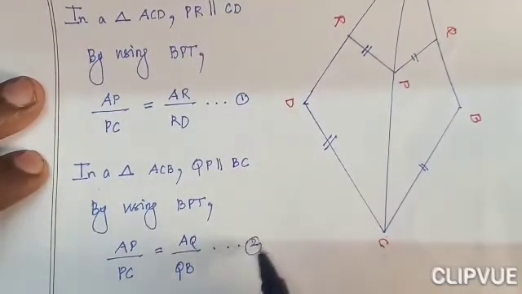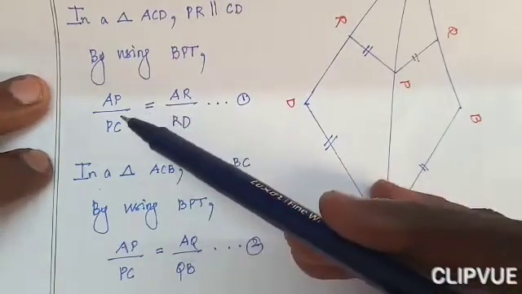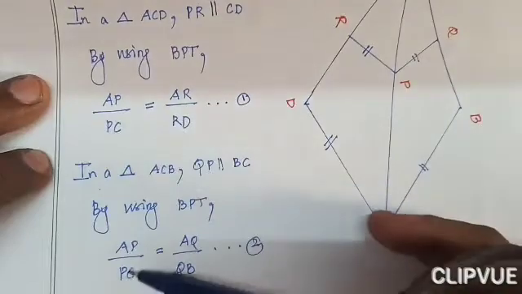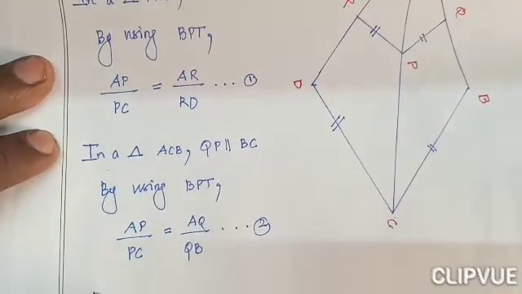Consider this as 2. From 1 and 2, both equations have equal left hand sides: AP by PC, here also AP by PC. So equating 1 and 2.